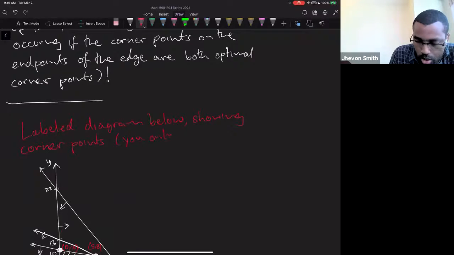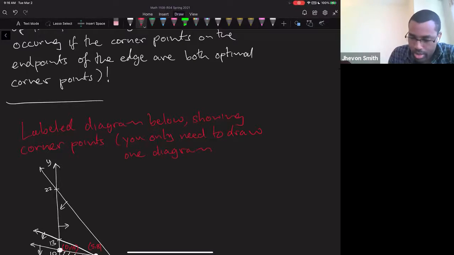You only need to draw one diagram in your solutions. So don't think you need to draw it twice. That's not what I'm saying. I just wanted to separate the ideas. Should look like below.